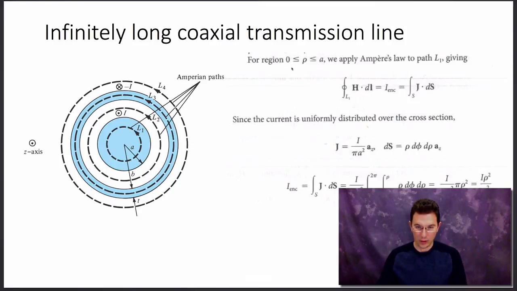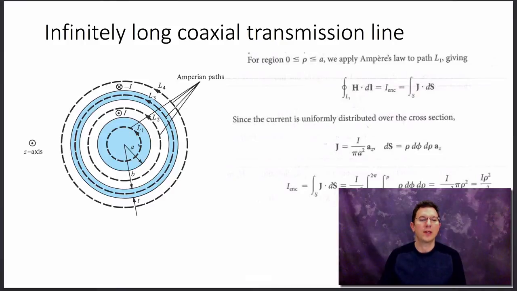So we are going to get an expression for the magnetic field that is valid if and only if rho is less than or equal to a. In other words, we're in this region. We're going to again argue by symmetry that because the geometry looks the same from every single angle around 360 degrees, the magnetic field is independent of phi. It doesn't depend on the angle.